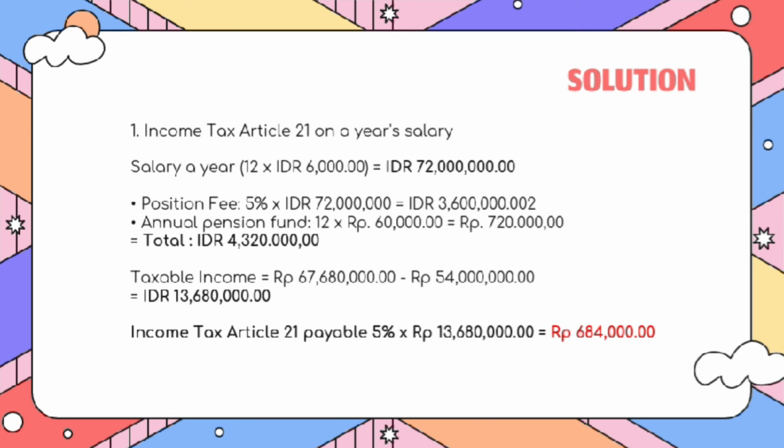So here is the solution for the second example. The salary a year, 12 months multiplied with 6 million rupiahs, and we got 72 million rupiahs. Position fee is 5% multiplied with 72 million rupiahs, and we got 3,600,000.